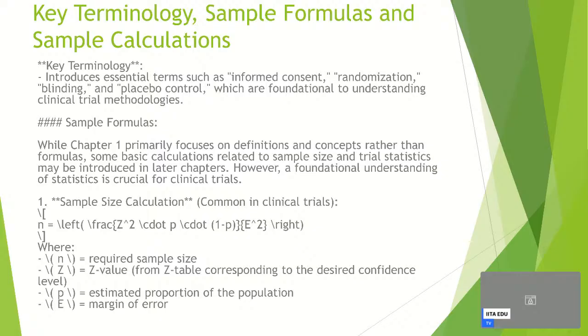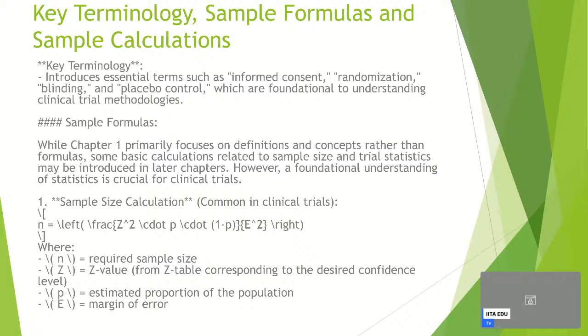So, sample formula. While chapter 1 primarily focuses on definitions and concepts rather than formulas, some basic calculations related to sample size and trial statistics may be introduced later. However, a fundamental understanding of statistics is crucial for clinical trials. A little bit, not too much. The common calculation in clinical trials is the sample size, and that is n. n is a fraction of a population.